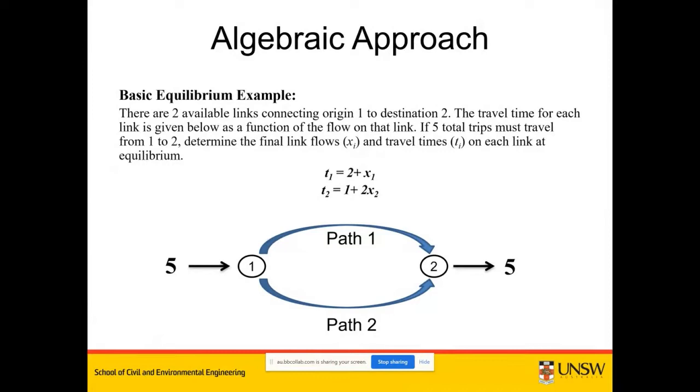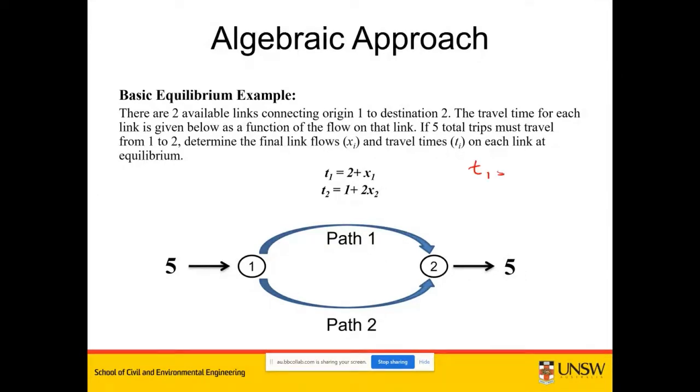User equilibrium says at the equilibrium point, all the used paths between any OD pair must have equal travel times. Or in other words, there are no other paths in the network for that specific OD that people can switch to and improve their travel time. So that doesn't happen. So that basically means T1 must be equal to T2, right?